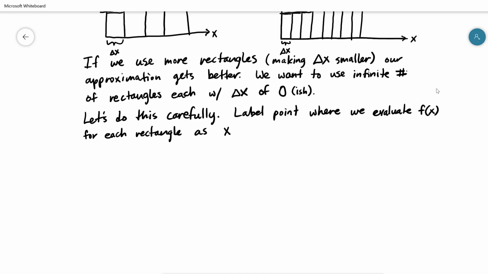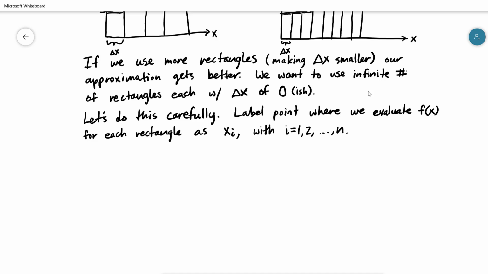I'm going to label those points x sub i. And it doesn't matter whether I'm using the left point, the right point, the midpoint, any other point in between. If we use a bunch of rectangles, I'm going to let i vary from 1 for the first rectangle, 2 for the second, all the way up to, let's say we've got n total rectangles. And eventually we're going to take the limit as n goes to infinity, essentially.